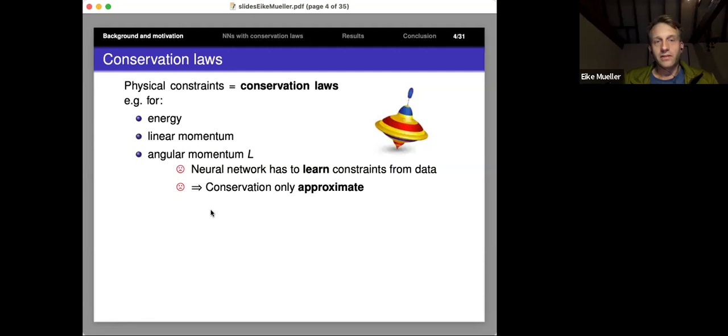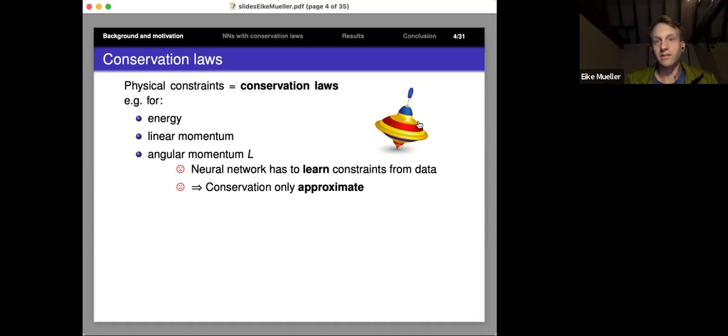There's a bit more to this motion usually. There usually are physical constraints, for example, conservation laws. We know, for example, that energy is conserved. In many cases, there might be other quantities that are conserved, like the linear momentum or the angular momentum. And for some physical systems, this is really crucial.